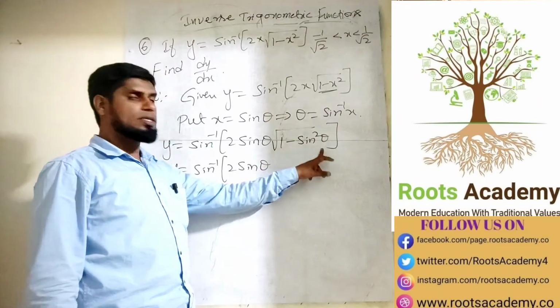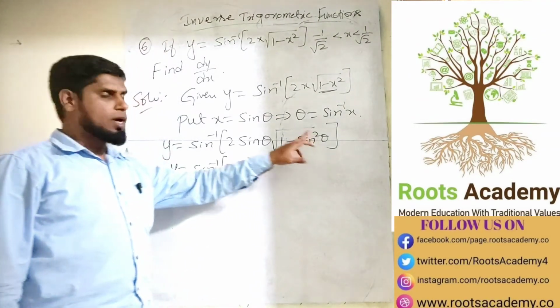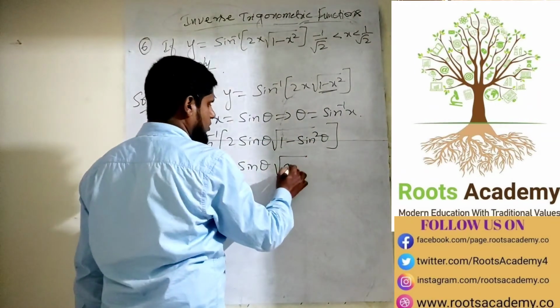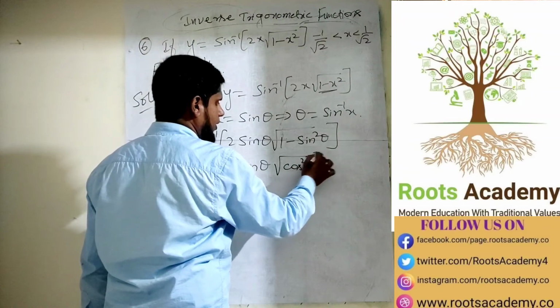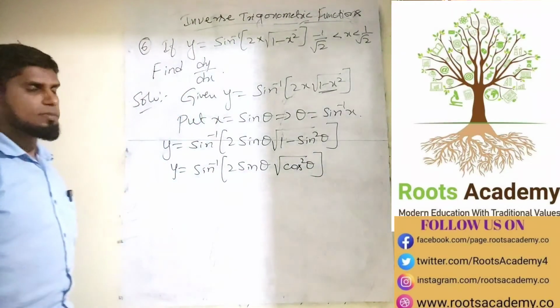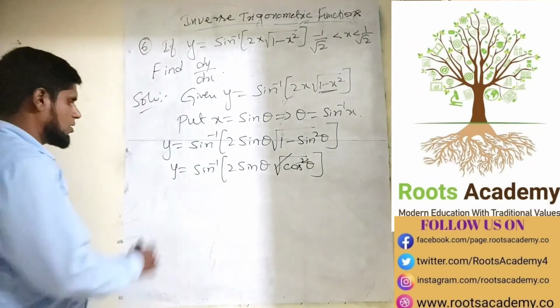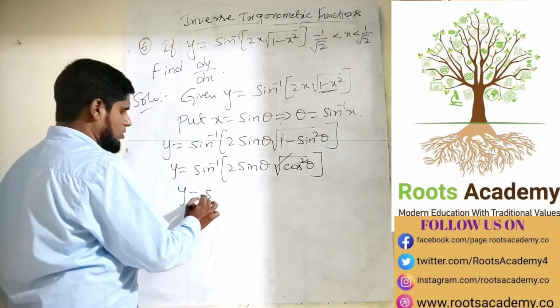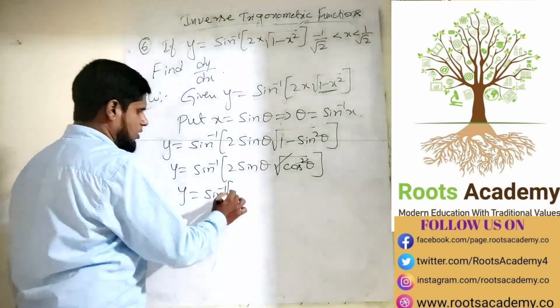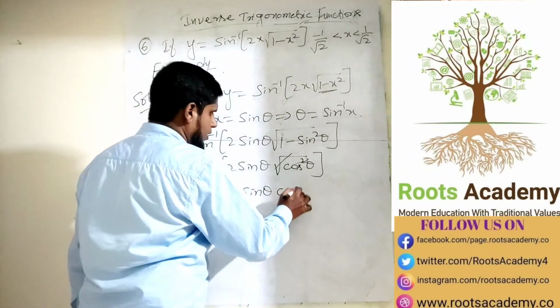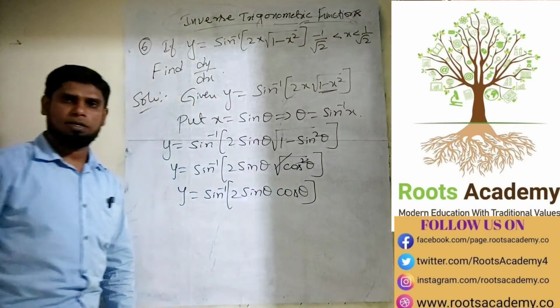Since 1 minus sine square theta, according to the first identity, can be written as cos square theta, now here square and root get cancelled. So y is equal to sine inverse of 2 sine theta into cos theta.